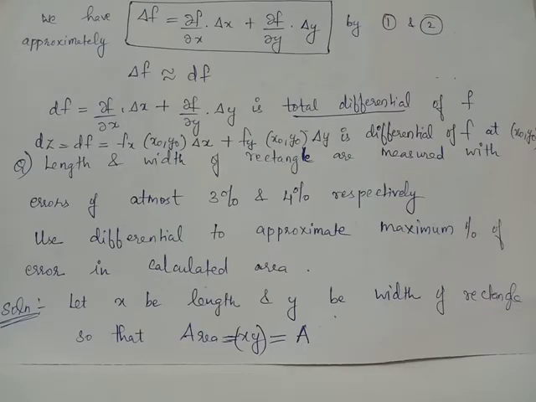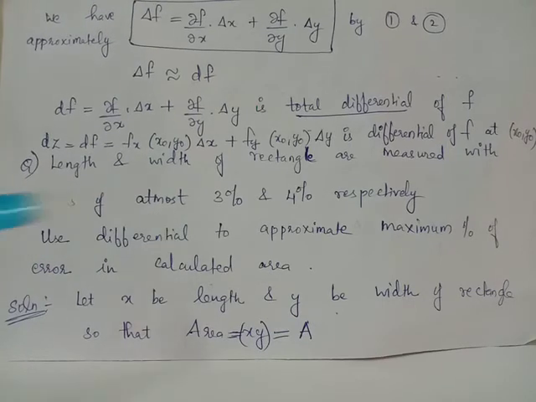We have been given the information that the error percentage while measuring the length of the rectangle is 3% and the error percentage while measuring the width of the rectangle is 4%. And the words at most give us the information that these error values are the maximum possible values of error in percentage.